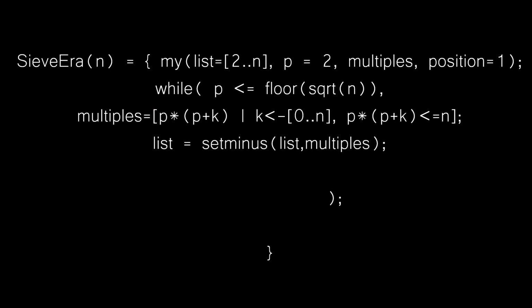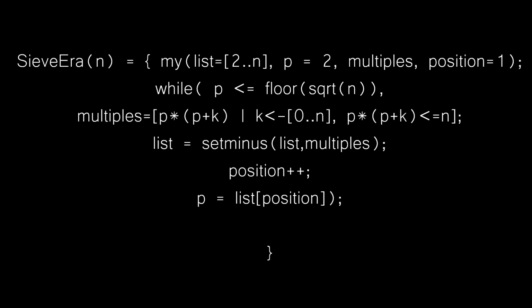Now what we do is we take the list and we delete the multiples. We can do that in Pari GP using this function called setminus. Setminus gives the difference of the set, which is the elements that are in the list that are not here. So that will delete all the elements in the list that are multiples. And that will update the list.